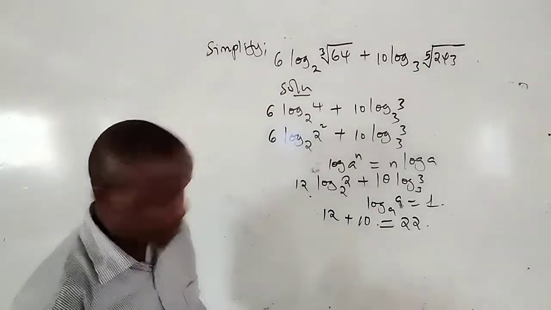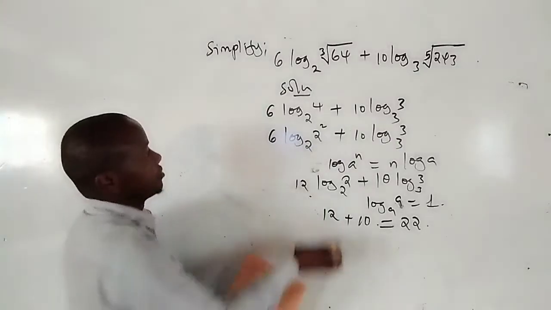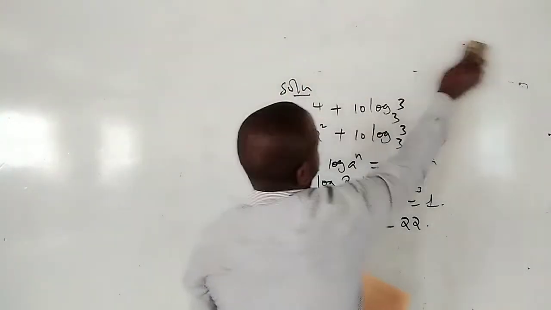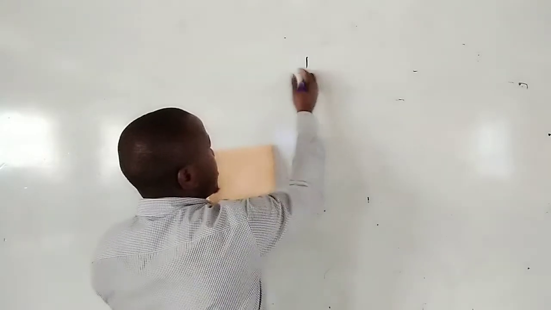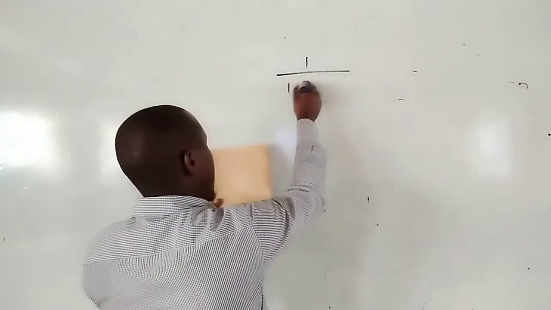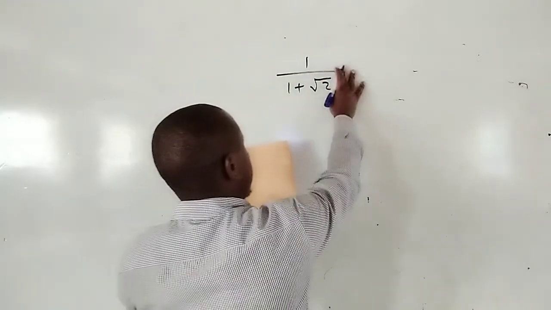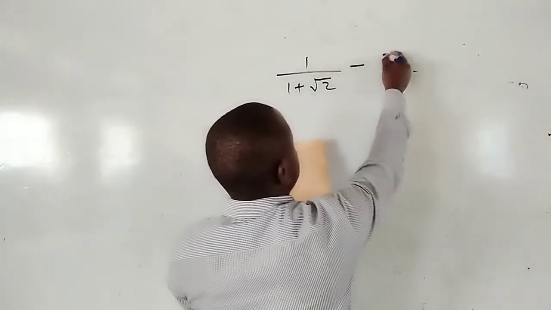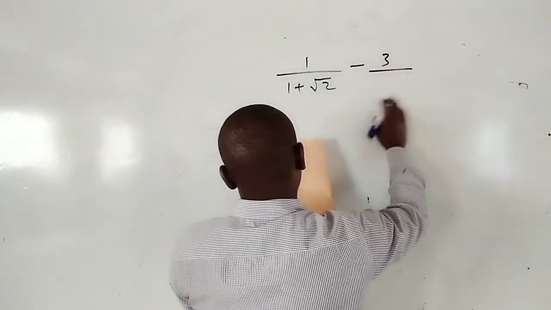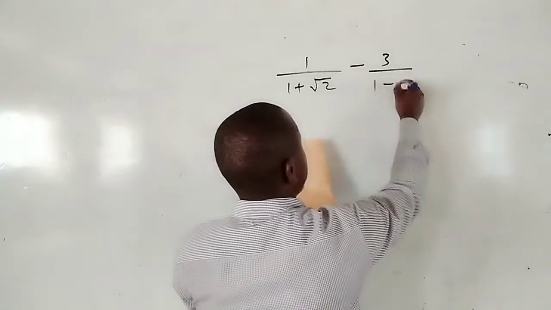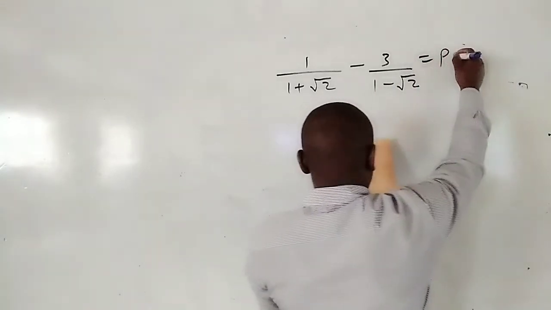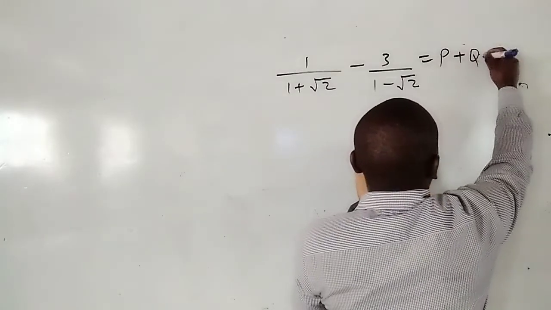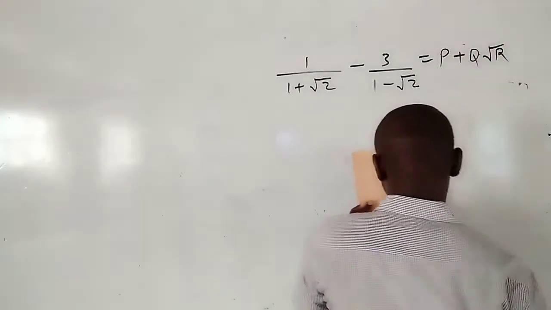Given that, the question on third: given that 1 divided by 1 plus the root of 2, then minus 3 all over 1 minus the root of 2 is equal to p plus q root r.